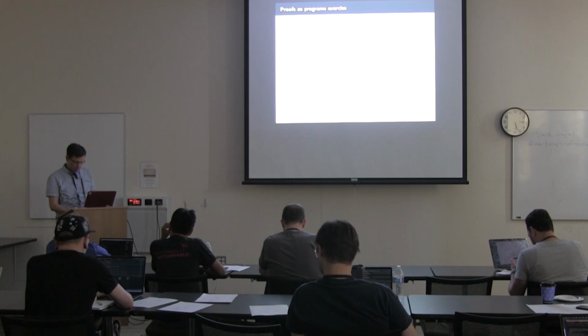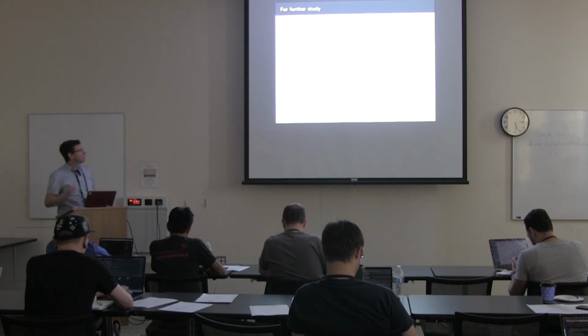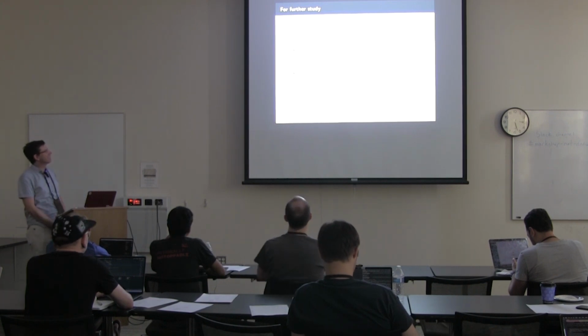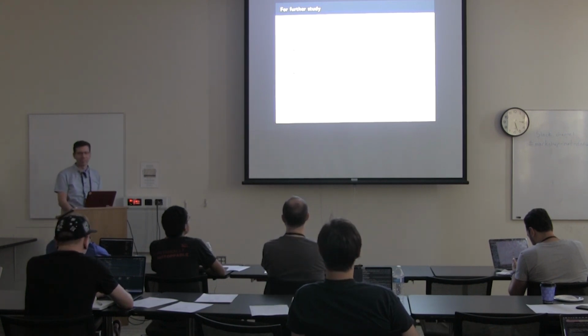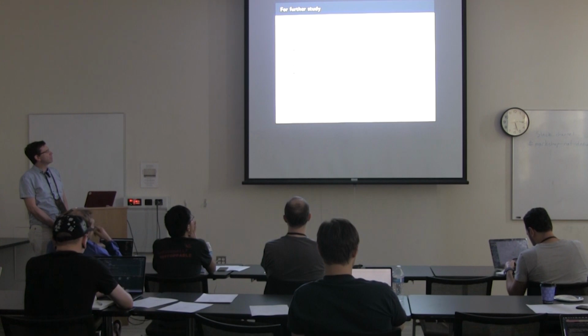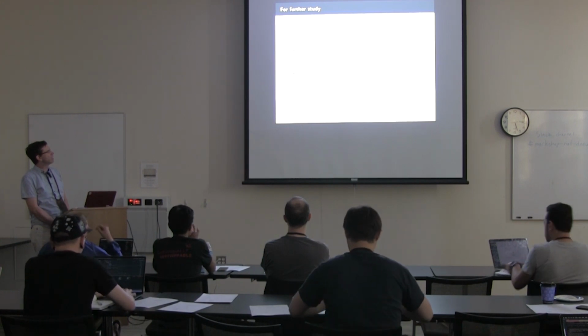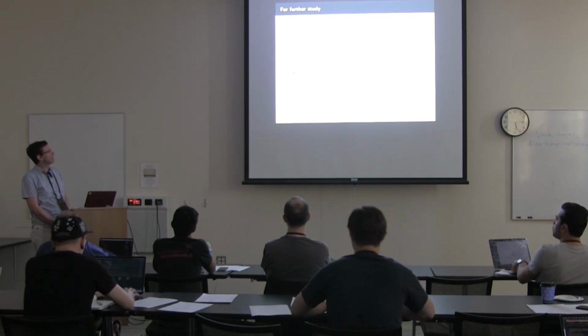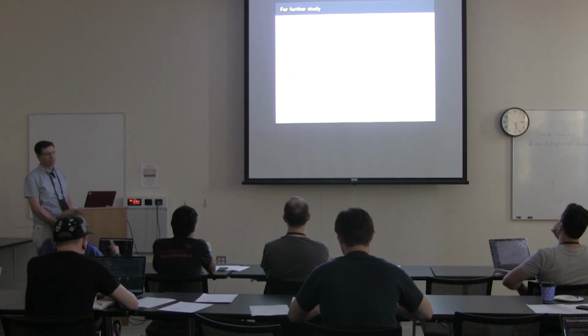Let's see. My conclusion is, for further study, here are some books that I found useful on the topic. I have been leading a study group, and we went through that entire book, Logic and Proof, which is available online.